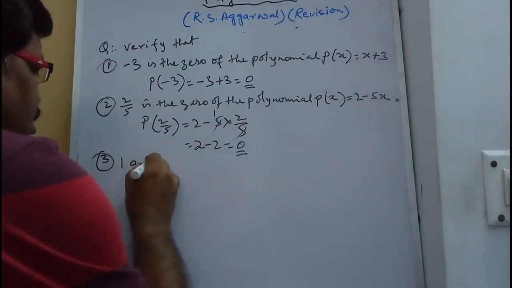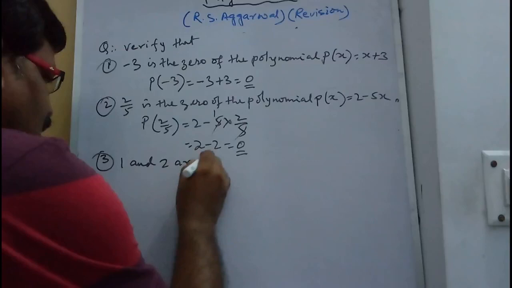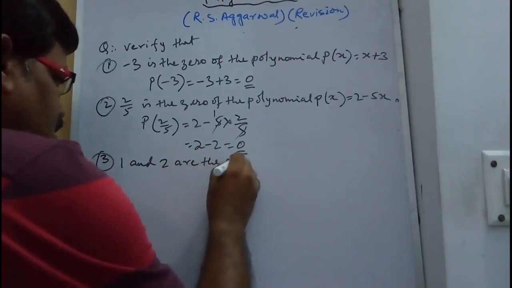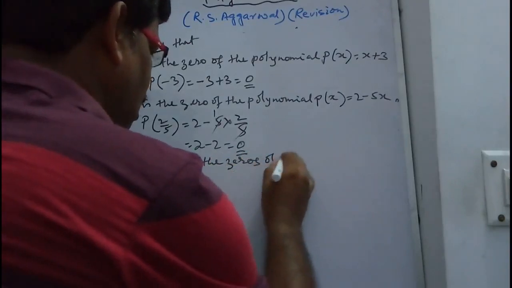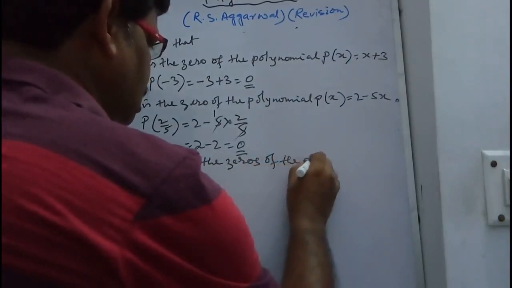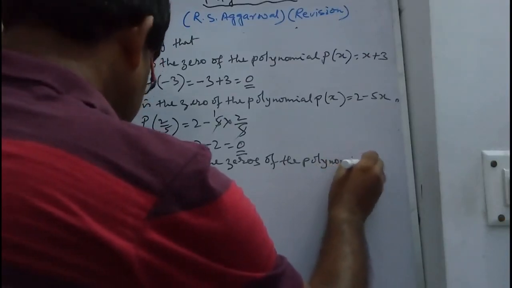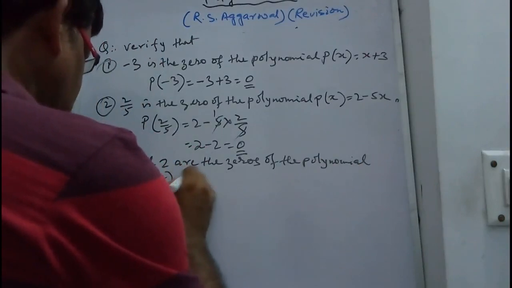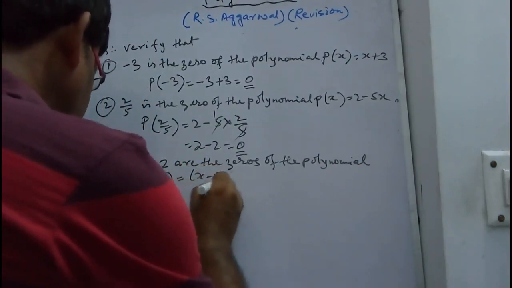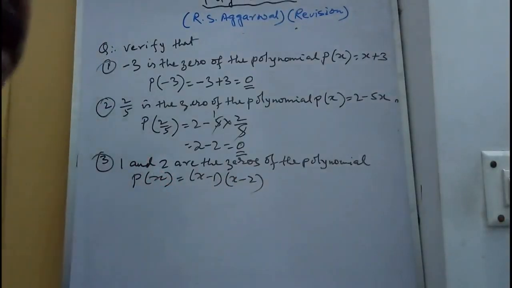1 and 2 are the zeros of the polynomial px equal to x minus 1, x minus 2. Two values are given.